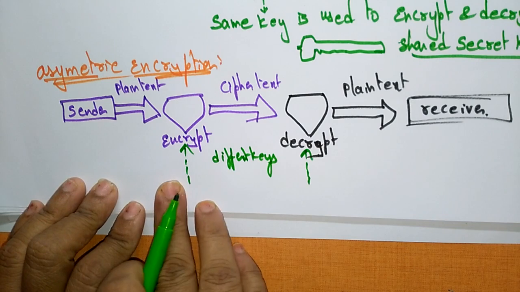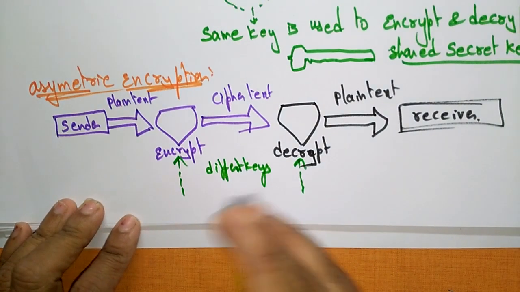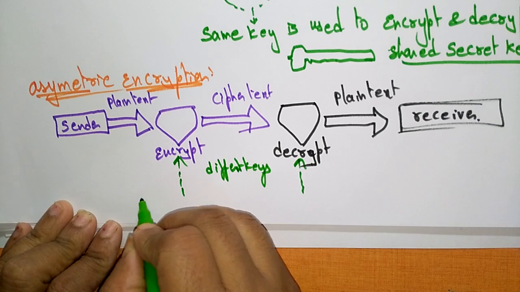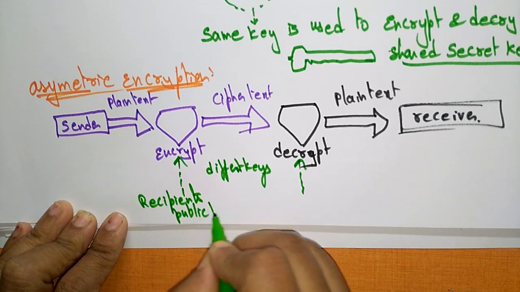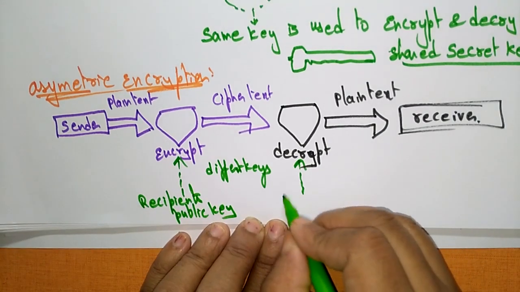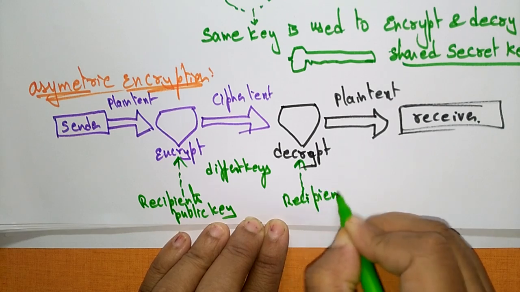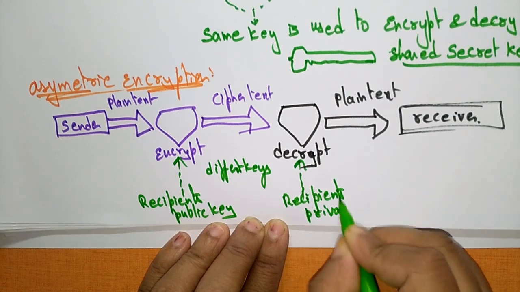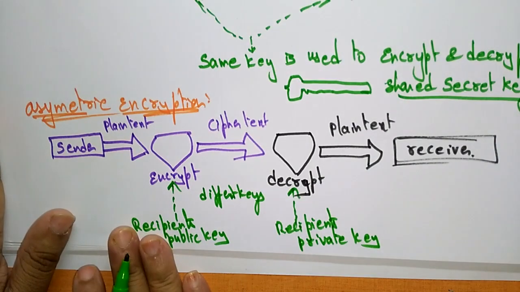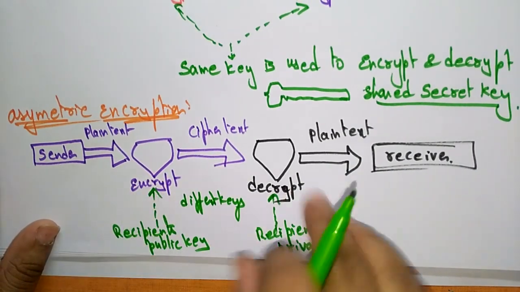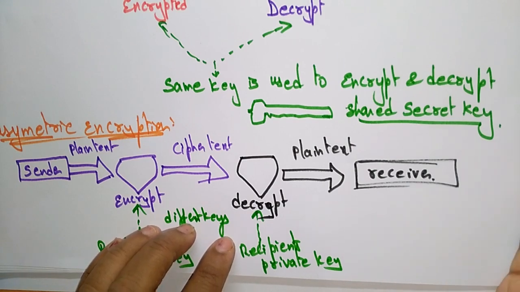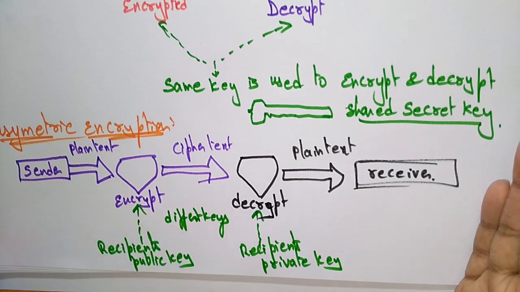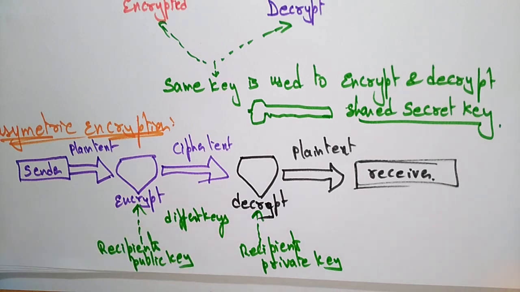For encryption, the recipient's public key is used, and for decryption the recipient's private key is needed. So the sender sends the message by using the public key; the data is encrypted with the public key. The receiver who wants to see the data has to use his private key. Only when he uses that private key will the data appear to him.